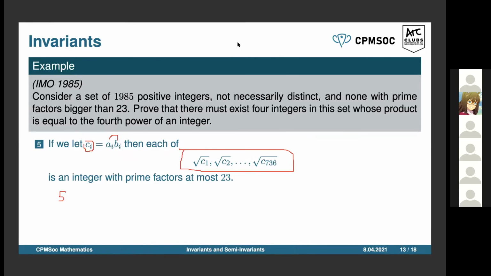And remember, all the numbers have prime factors at most 23. If you multiply two numbers in a pair together and take the square root, the prime factors of all numbers will still be at most 23, so you won't get any extra prime factors. Okay, you can go to the next stop point.